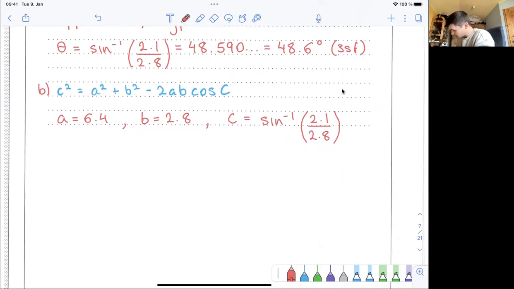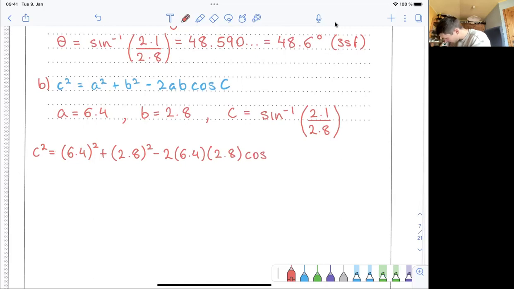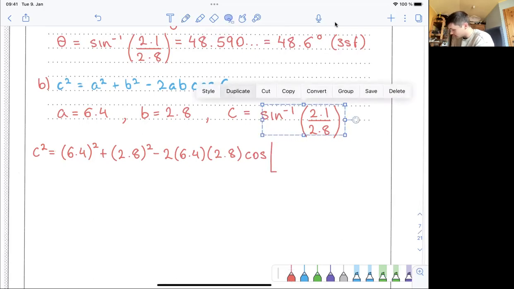So let's charge on. C squared equals 6.4 squared plus 2.8 squared minus 2 times 6.4 times 2.8 times cos of this big thing here, sine inverse of 2.1 over 2.8.